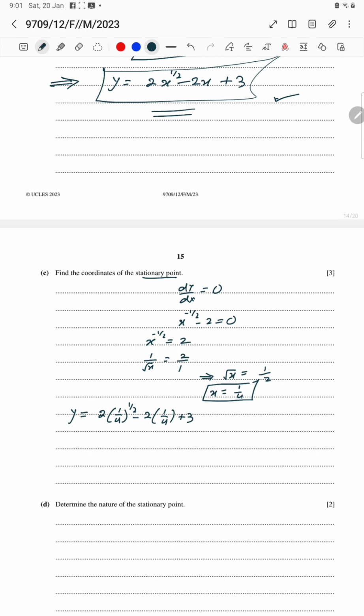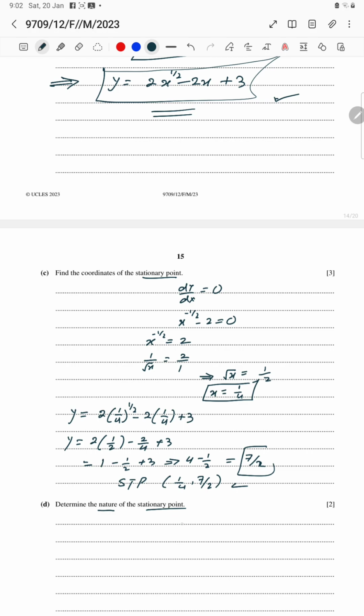You can see above the equation of the curve we obtained in part B. We substitute x = 1/4, and simplifying, we get 1 - 2/4 + 3, 1 - 1/2 + 3, that is 4 - 1/2, that is 7/2. 8 minus 1 is 7, yes. So the y coordinate is 7/2. Therefore the stationary point is (1/4, 7/2). That is the answer.